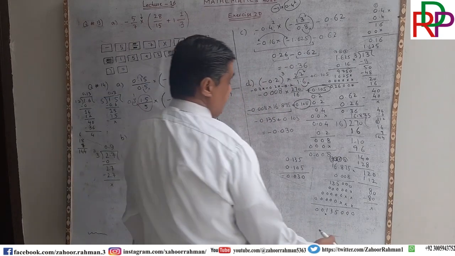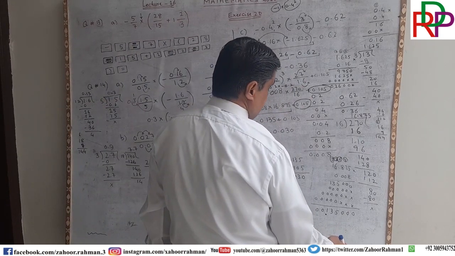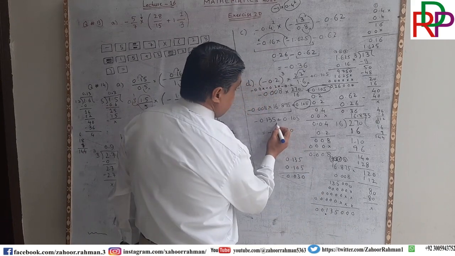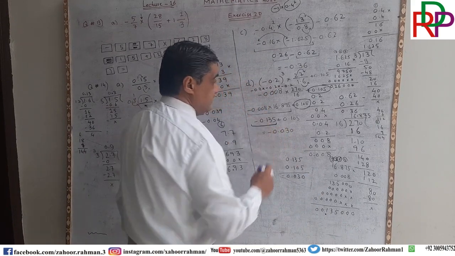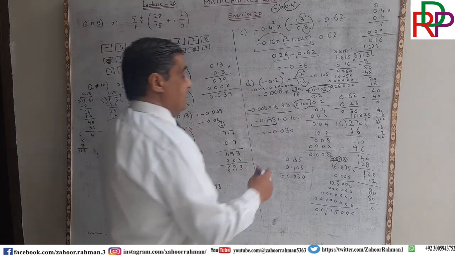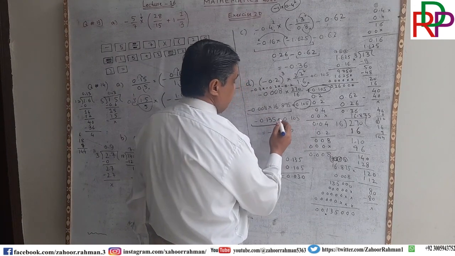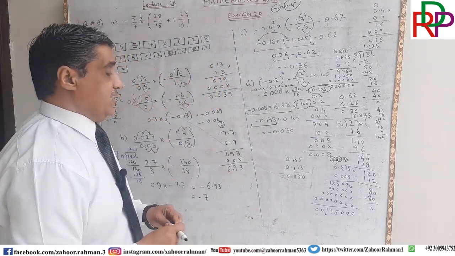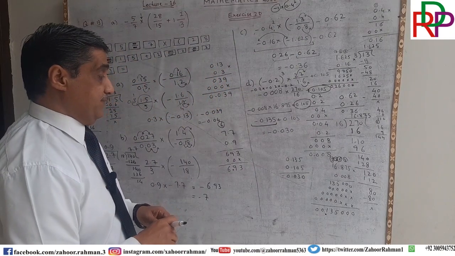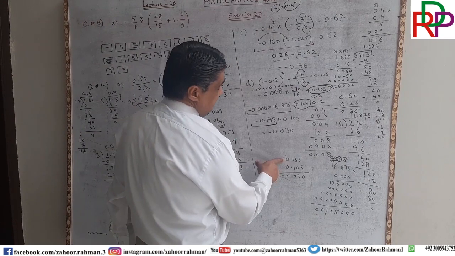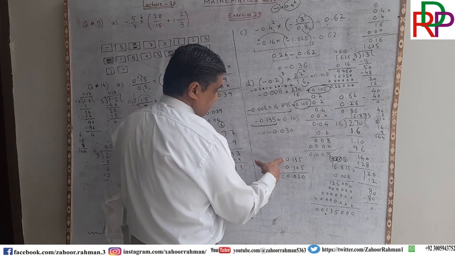So it means that we are getting what? 0.135 with the negative symbol, and then we have to add with this 0.105.